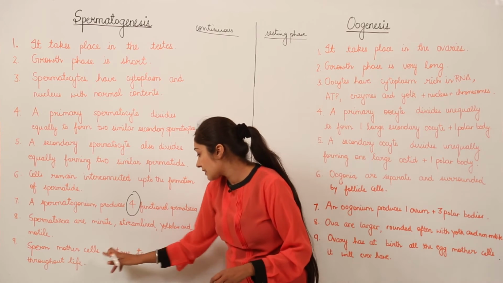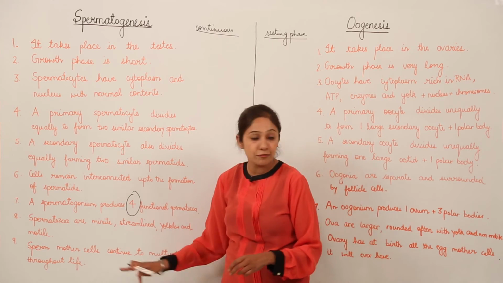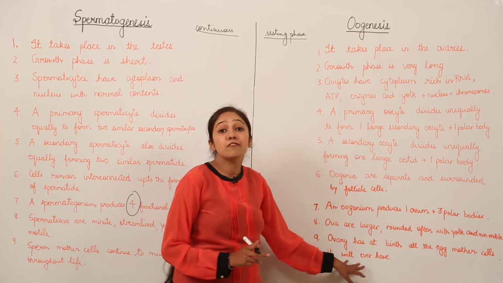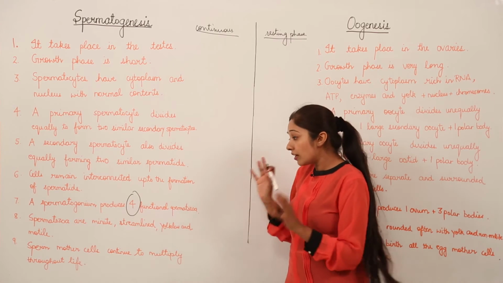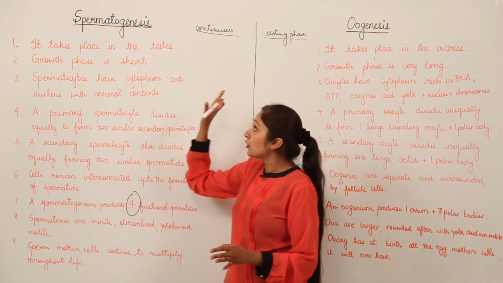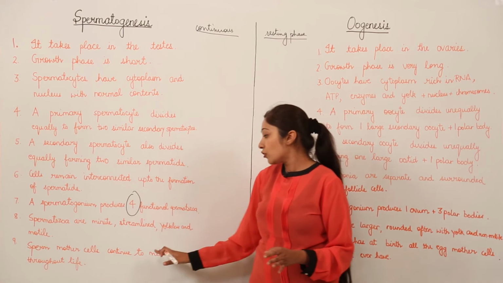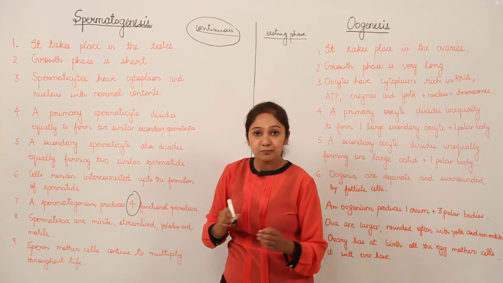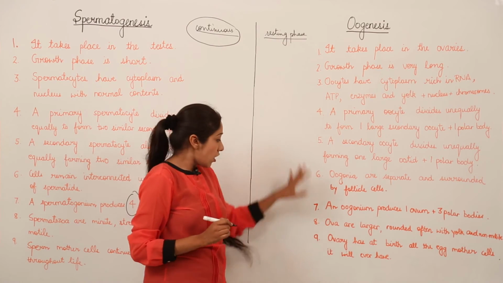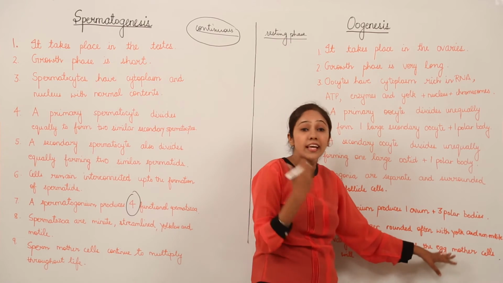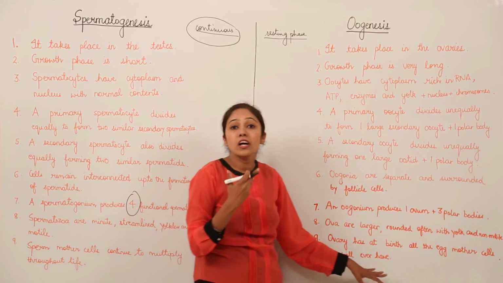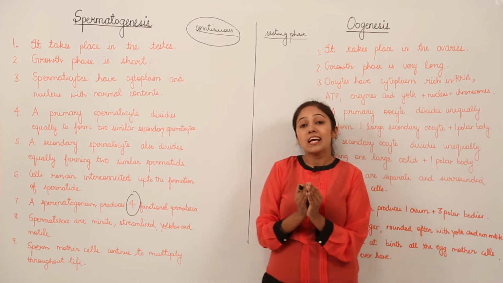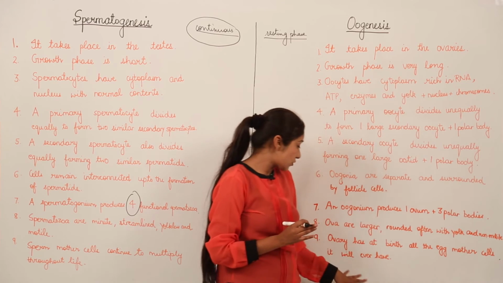Then sperm mother cells continue to multiply throughout life, but the ovary has at birth all the egg mother cells it will ever have. This is a very important point. You all must remember that in case of human males, the sperm mother cells continue to multiply throughout life. That is why it is a continuous process. But in case of human females, the ovary has at birth all the egg mother cells it will ever have.